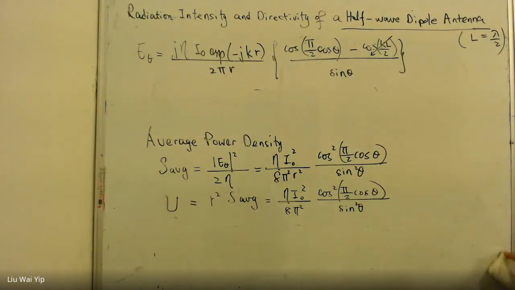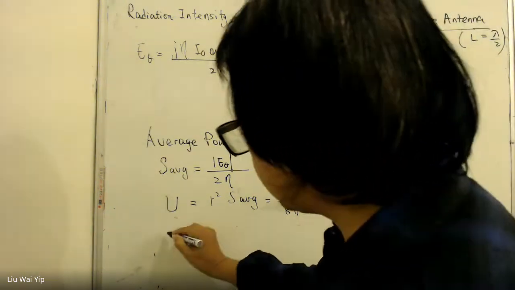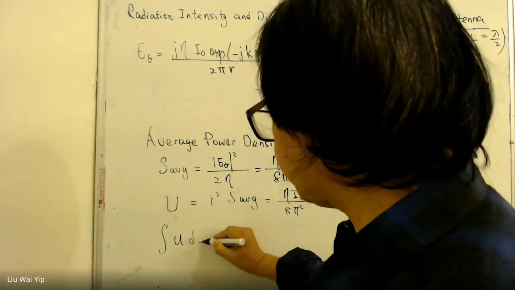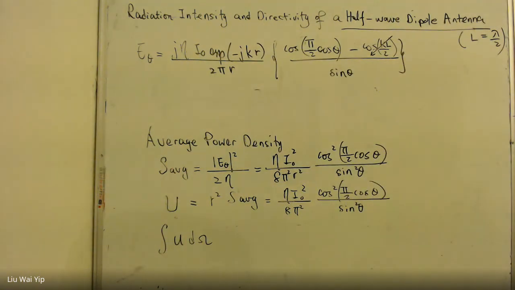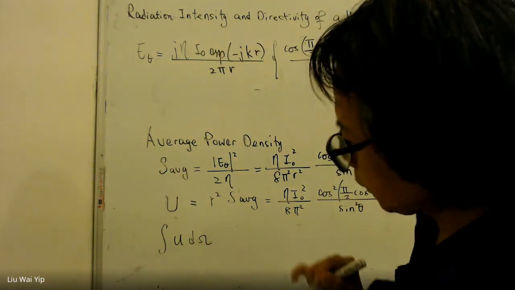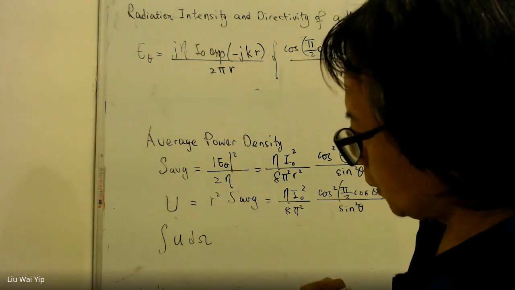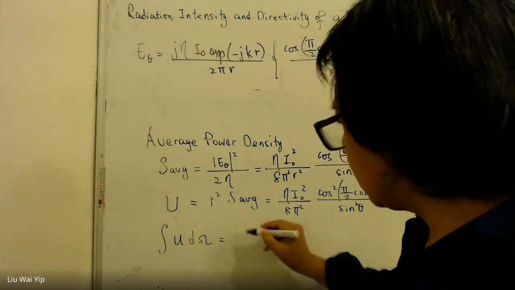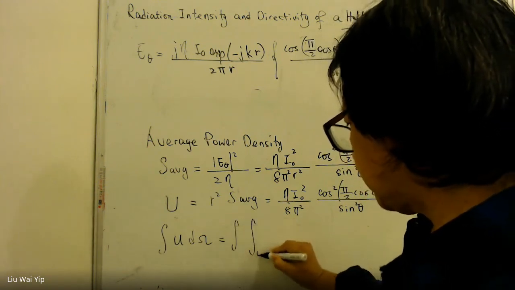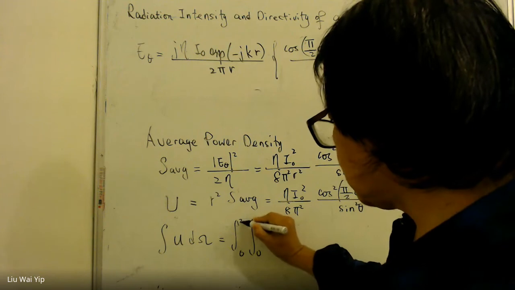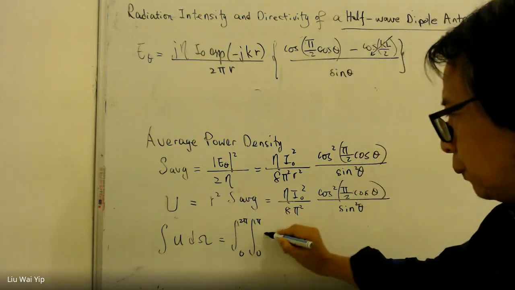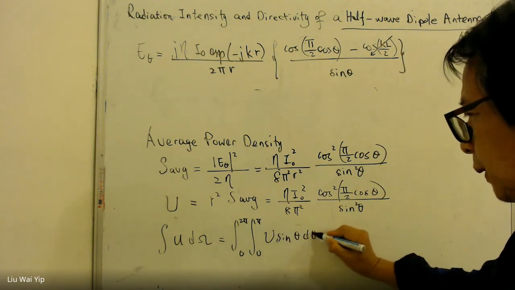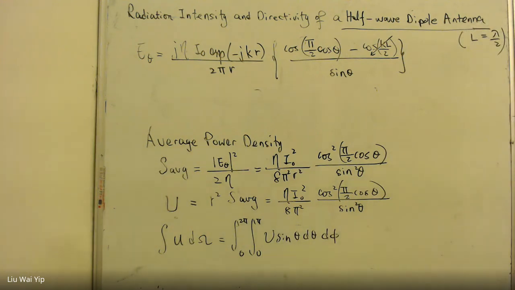If you do that, you just integrate U over the total solid angle. So if I expand this expression, it will become integral 0 to 2 pi, 0 to pi, U sine theta d theta d phi.